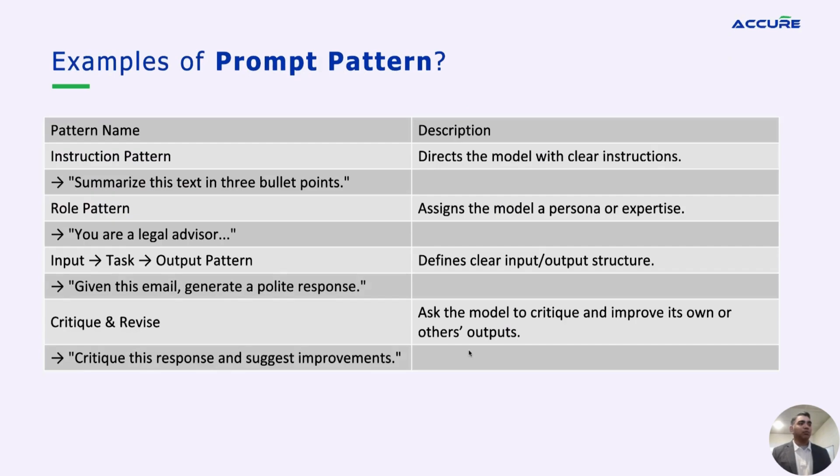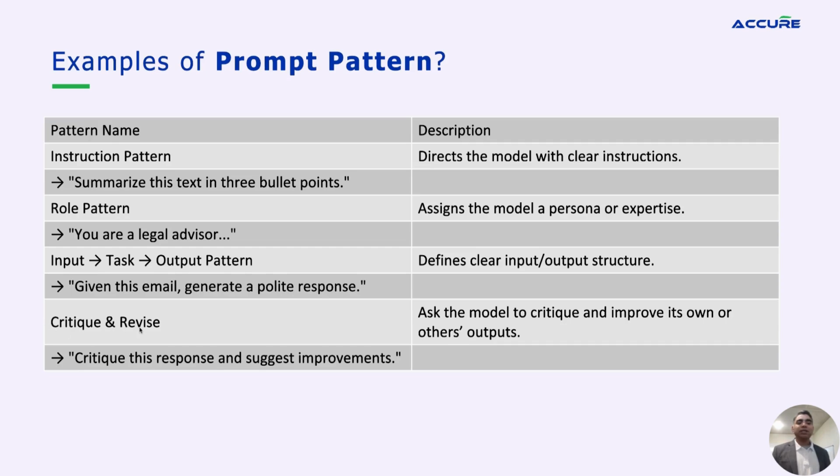So here is an example of prompt pattern. For example, instruction pattern that we saw before: summarize this text in 3 bullet points. Role pattern: you are a legal advisor, and ask LLM to do something. In this case it's input, so input task output pattern. Here, given this email, that is, you give the email, generate a polite response.